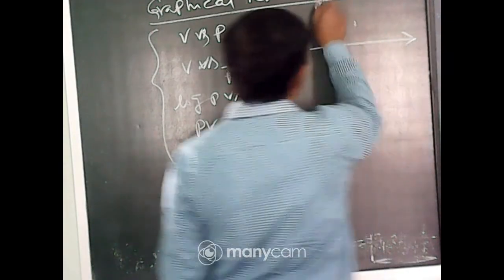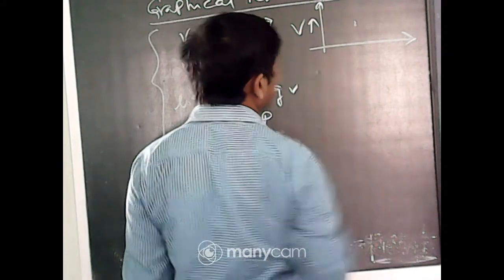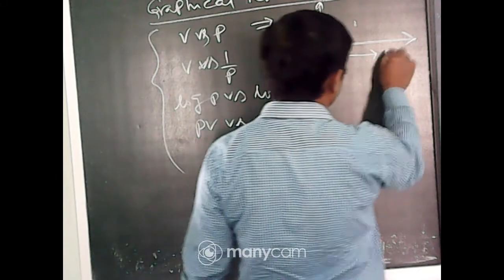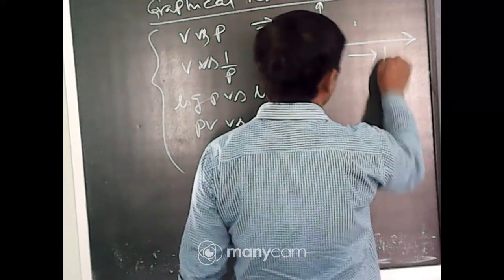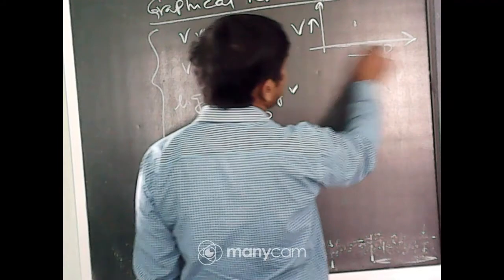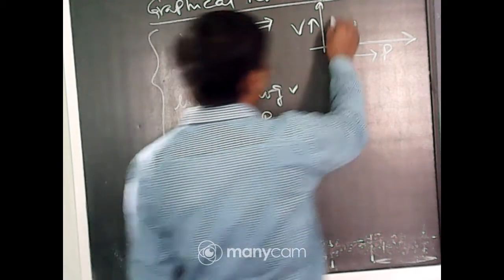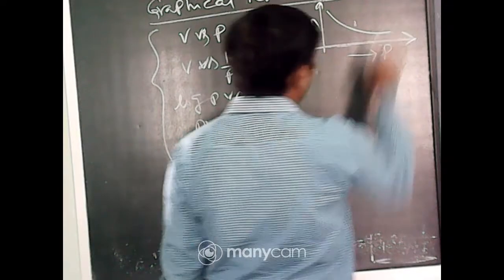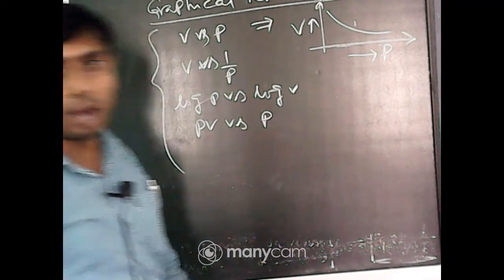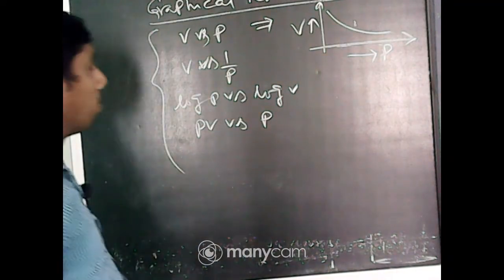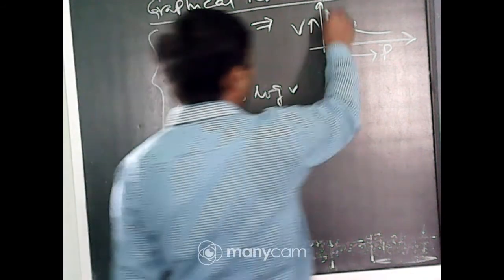Suppose V is taken on the y axis and P on the x axis. When we increase the pressure, the volume will decrease. So it would be a curve like that, a part of a parabolic curve, a rectangular parabola.